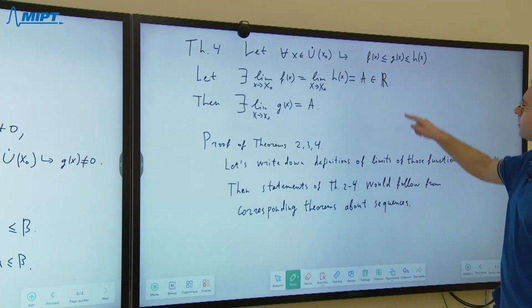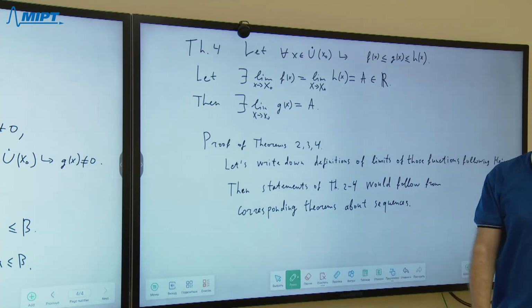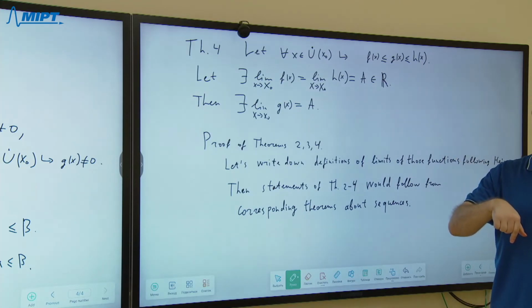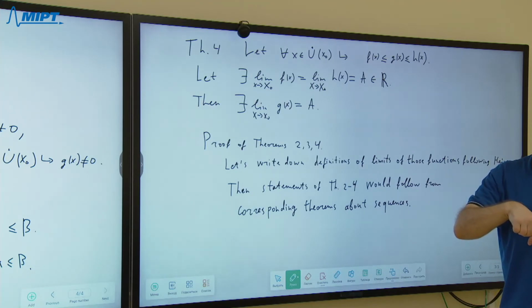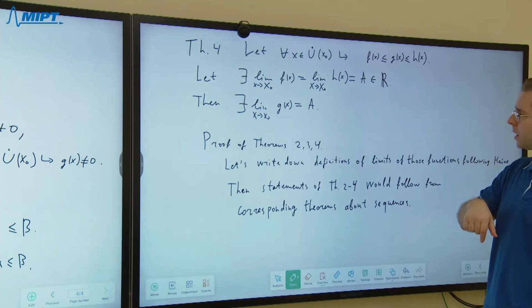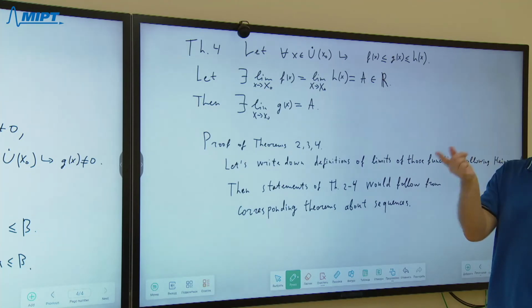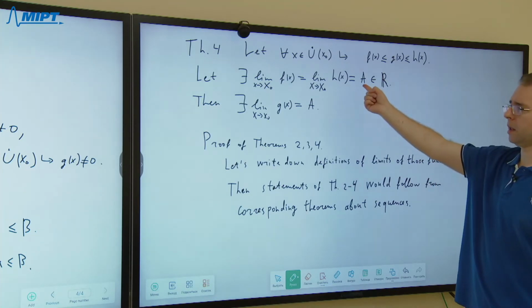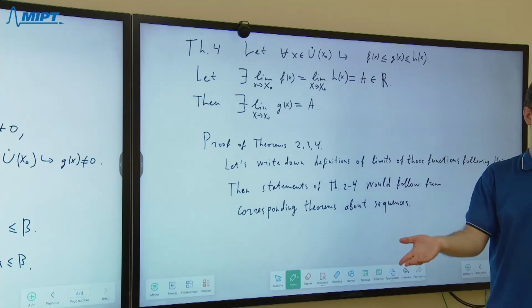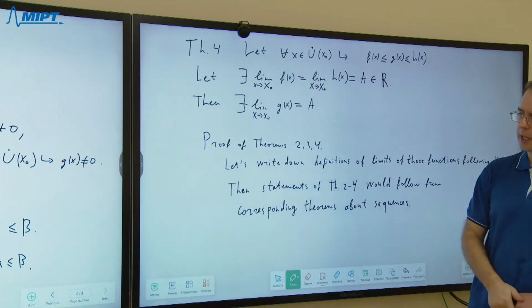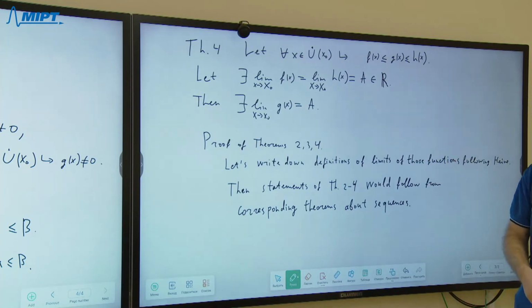Since we have this inequality, we have the same inequality for f of xn and g of xn and h of xn. Then, from the theorem of 3 sequences, we have that g of xn tends to the same limit a. By definition, following here, this means that the limit of this function is a. And exactly the same way it could be proved in the other 2 theorems.